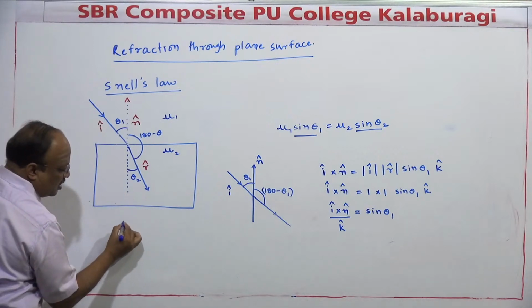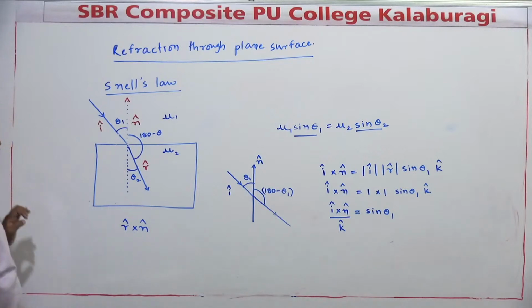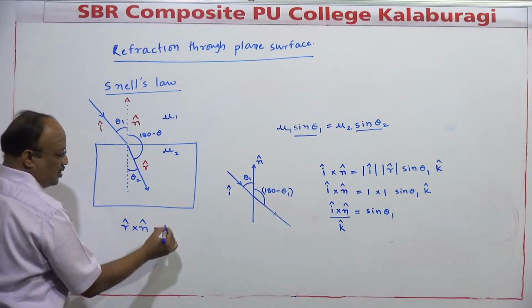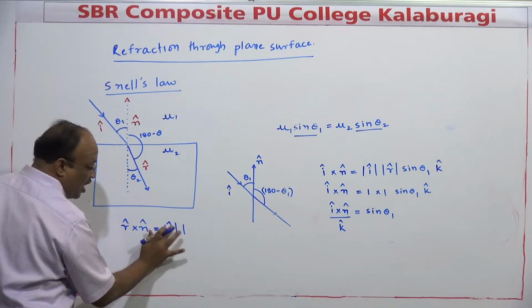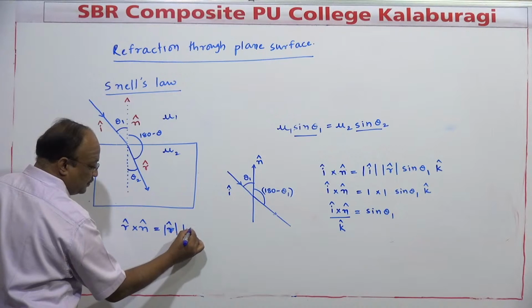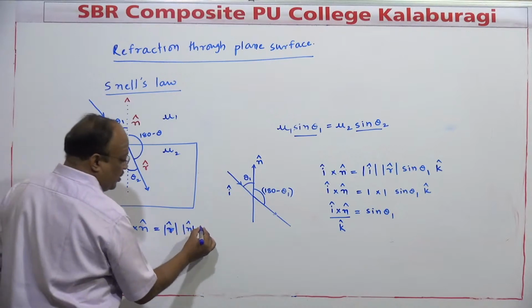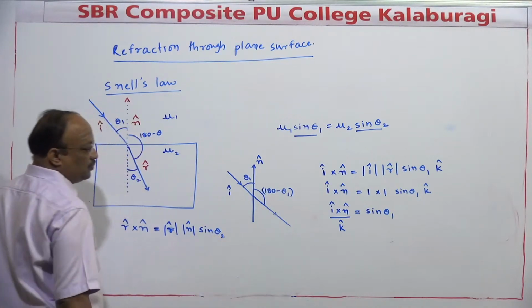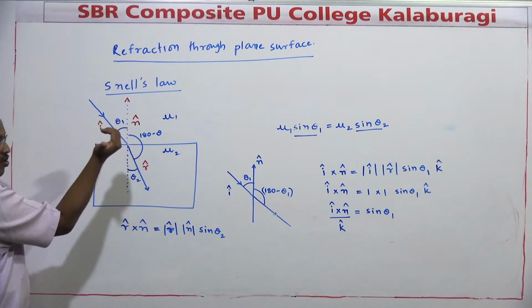So what is it? R cross n. So this is the magnitude of I, magnitude of R, R cap, this is n cap, into sine theta 2. This is also coming out in the outward direction.